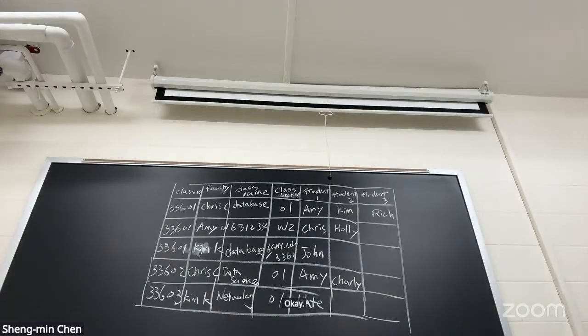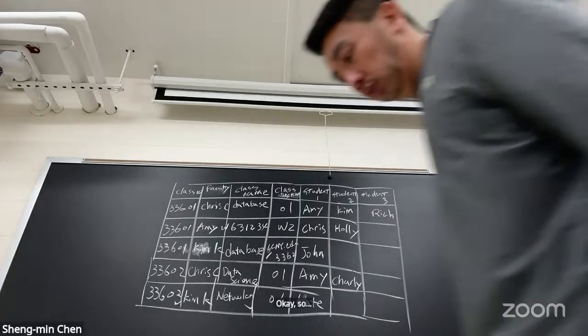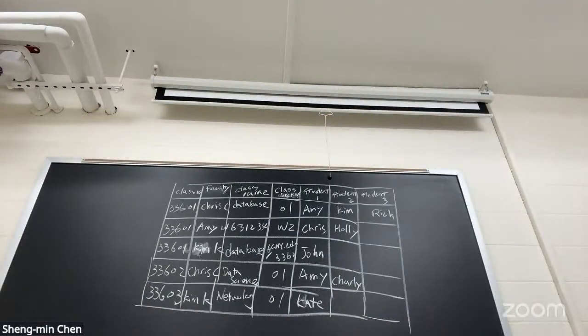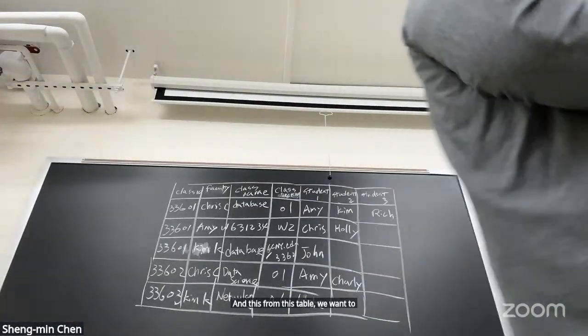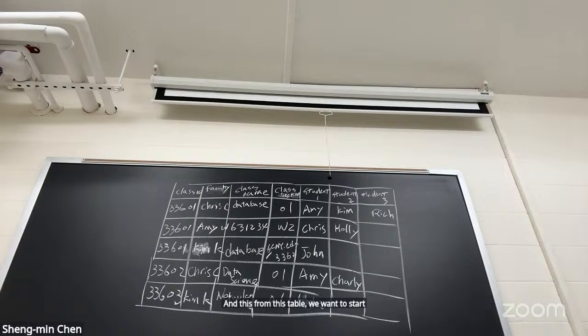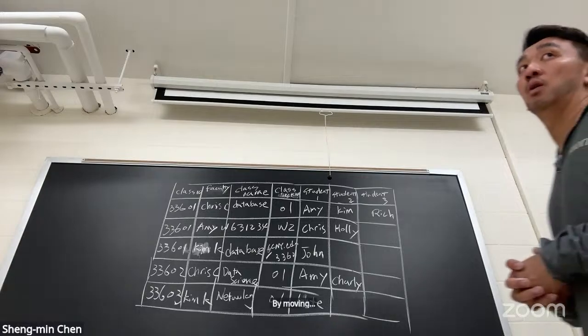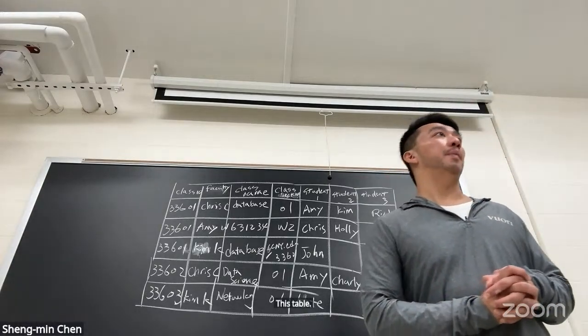Now, let's do an example here. We're given a table, let's say, this could be a spreadsheet or whatever. And from this table, we want to start by moving it into a database.